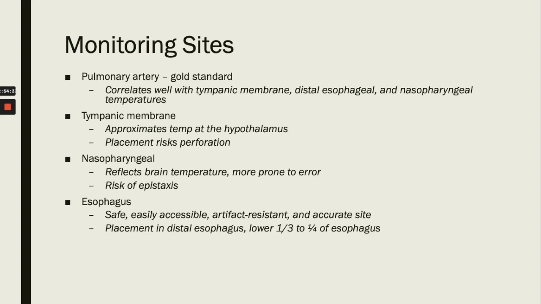Now, the sites that are not the best: oral, axillary, rectal, bladder, and skin may not be the best sites. However, we use skin a lot because there are these skin temperature probes that you can place on the forehead that look like stickers.